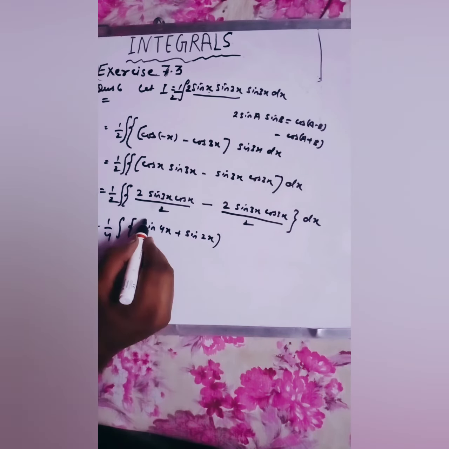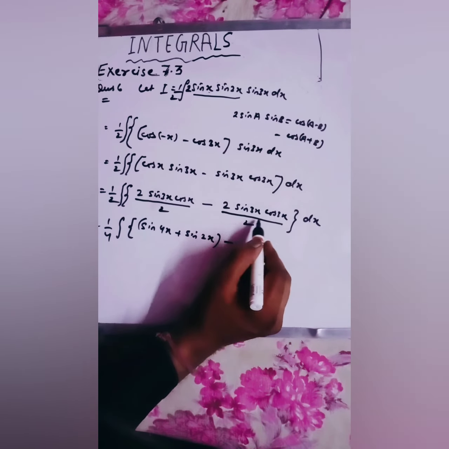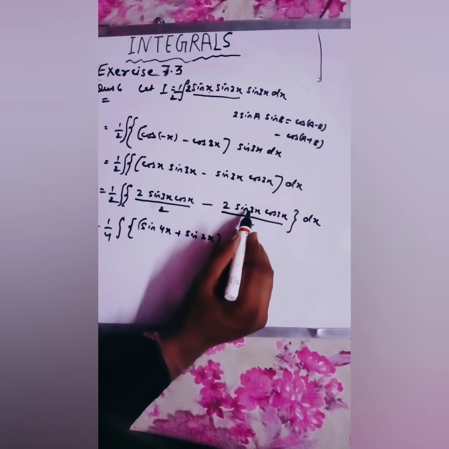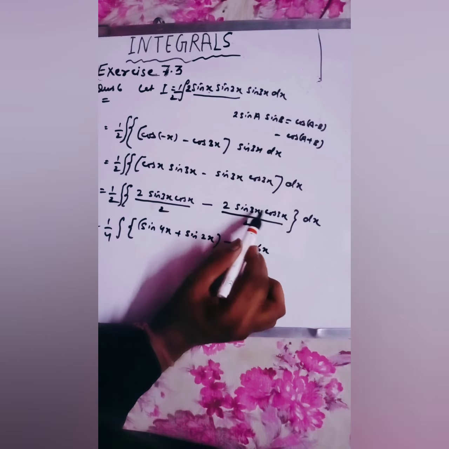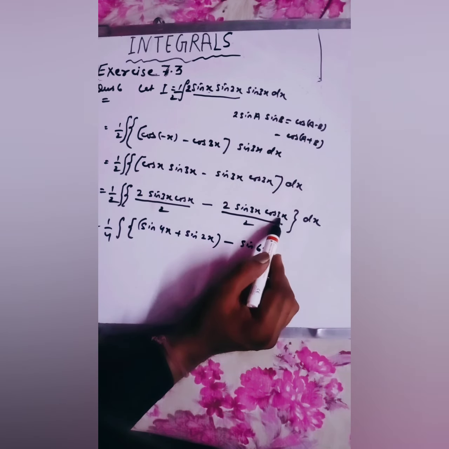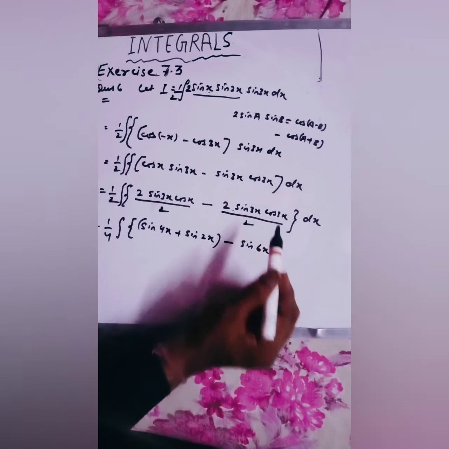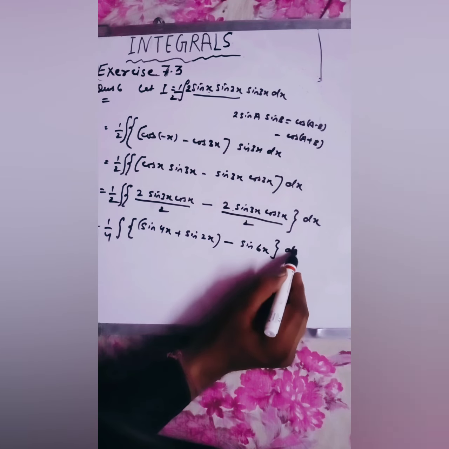So at the place of this you will get this value minus, and this will be the formula of sine 6x, because 2 sine theta cos theta is sine 2 theta, so you will get sine 6x. Now close the bracket into dx.